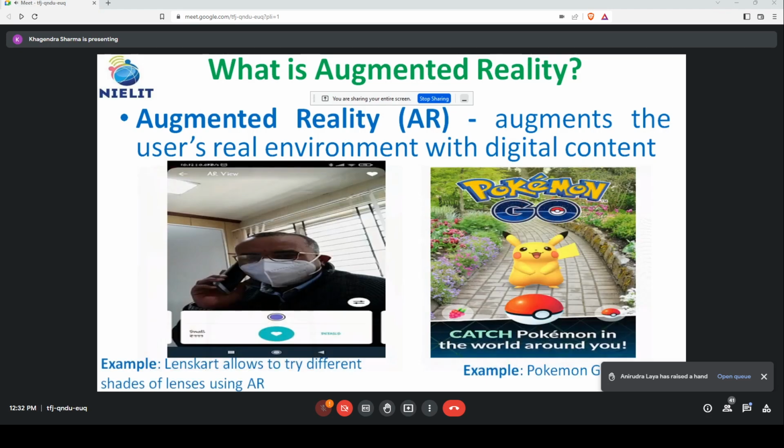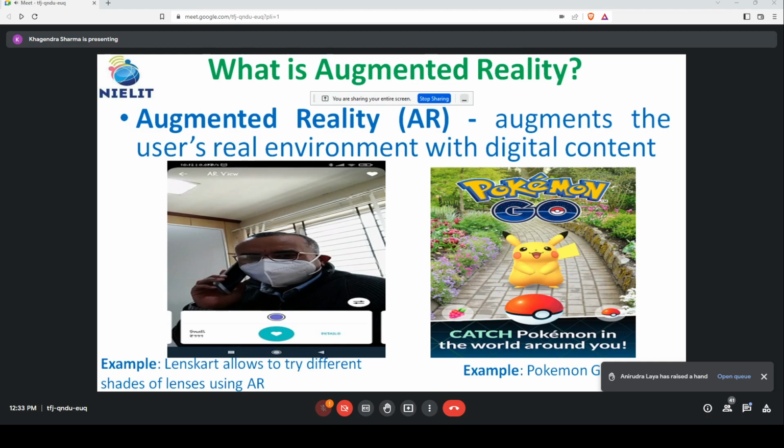Similarly, another example we can talk about is Lenskart. Lenskart is a company which sells lenses, right? If I want to buy new lenses, without having to physically wear different designs, I can just try them and see how they look on my face by using the concept of augmented reality.